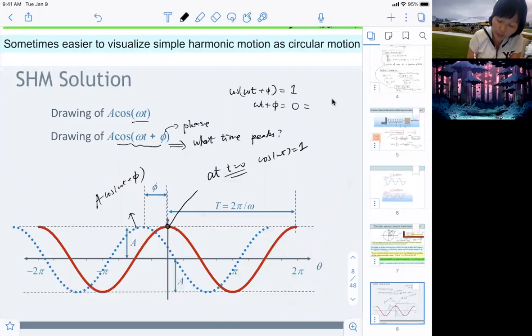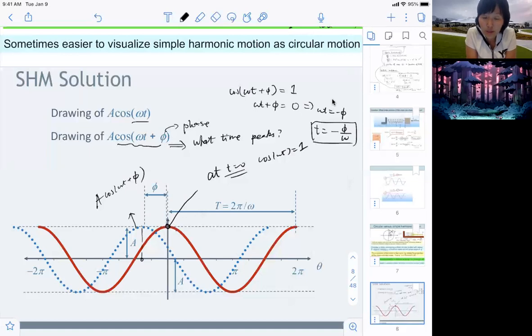From that you can calculate that omega t is equal to negative phi. So t is negative phi over omega, and that is a time that occurred a little bit earlier than the red one. So if it's cosine omega t plus phi, we call this wave leading the cosine omega t. So this one is leading the other one.